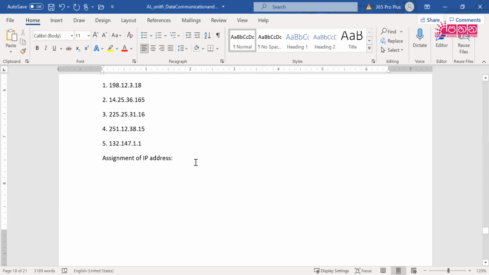So let's write down: IP addresses are assigned by internet service providers.